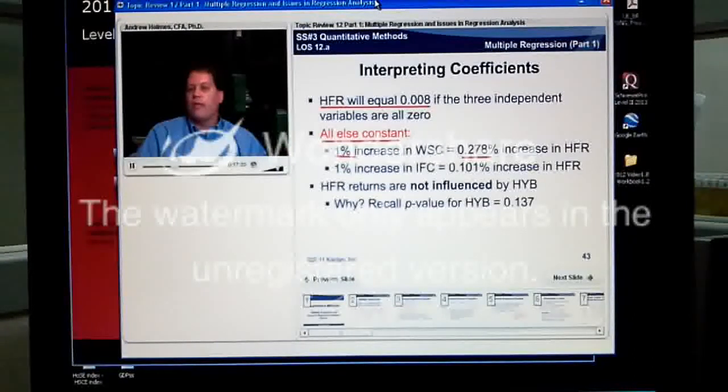What about for the emerging markets? Well, a 1% increase there leads to a 0.101% increase in hedge funds. What about the high yield bonds? Well, what we would say here is that hedge fund returns are not influenced by high yield bonds. Why? Because the p-value told us that this variable was insignificant, right?